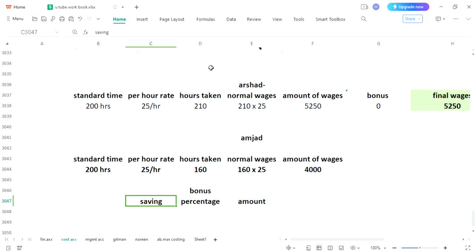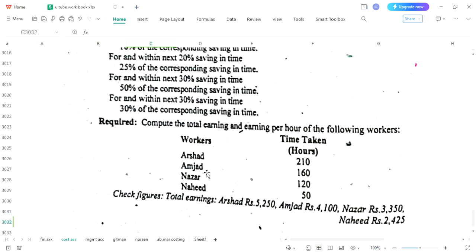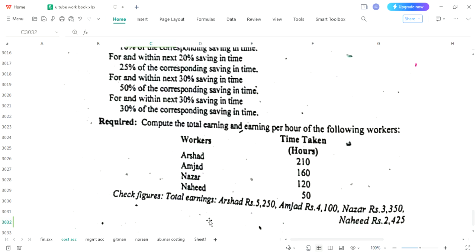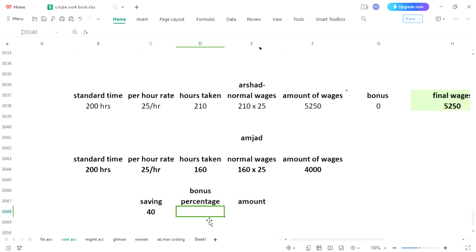All right, let's come over here. How much time had Amjad saved? For that, you will see 200 was standard time and 160 hours were taken. It's easy: 40 hours were saved, 200 minus 160. Saving is 40 hours, so go over here and see up to first 20% saving in time. So we will calculate the first 20%. 200 were the total hours, and 20% is 200 multiplied by 20 divided by 100.